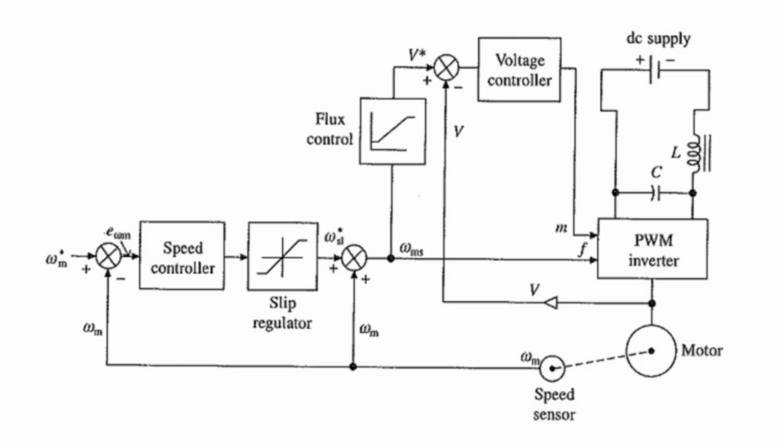And then the next is the slip regulator. What it does here is that the slip regulator sets the slip speed command omega SL star.